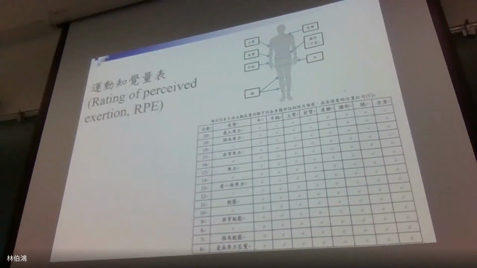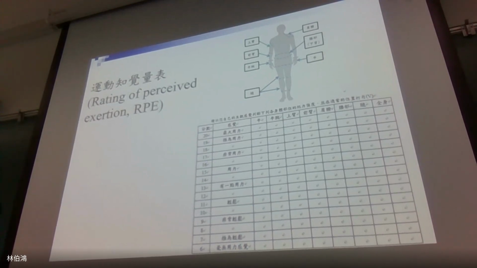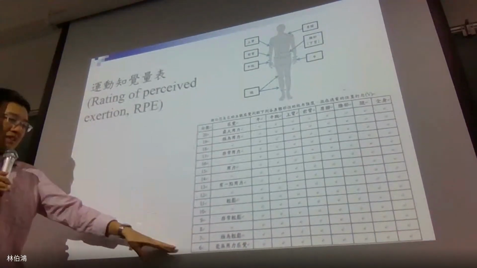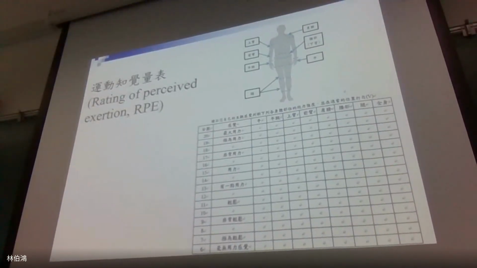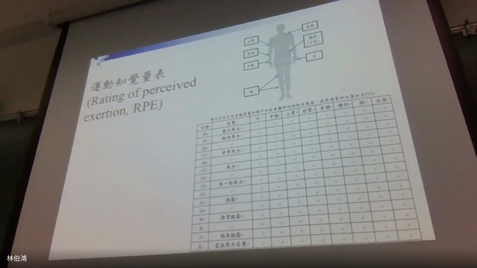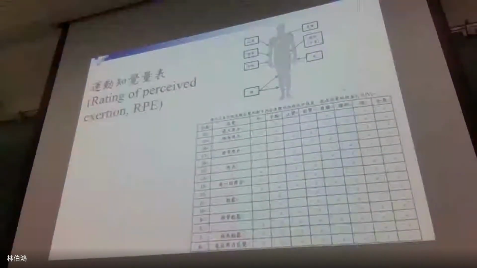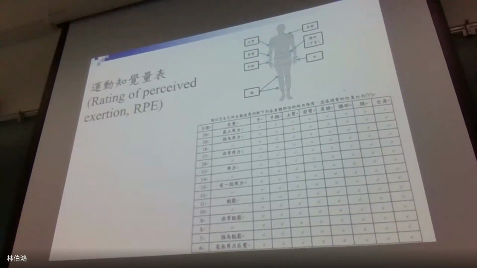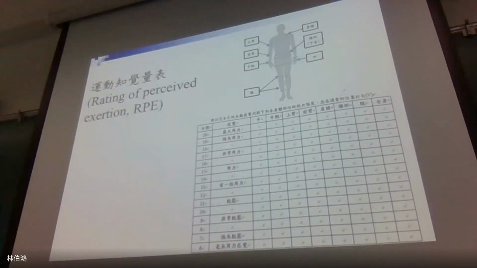And also, sometimes you may be curious about why the score is 6 to 20, because for subjective evaluation, we usually use the Likert 5 scale. But I think this is Borg, maybe in 1961, who proposed this questionnaire.